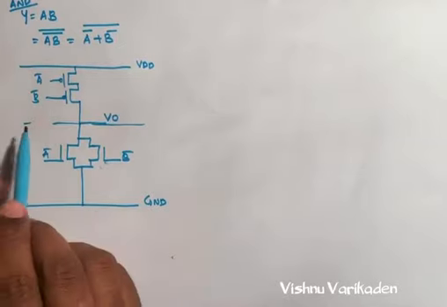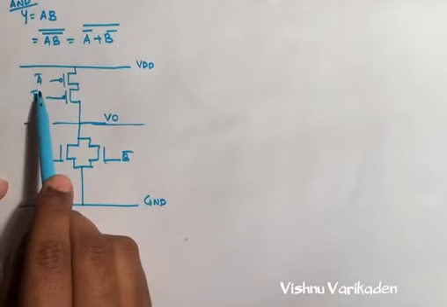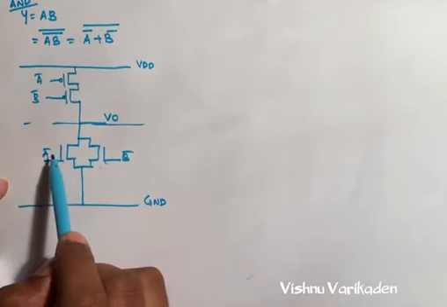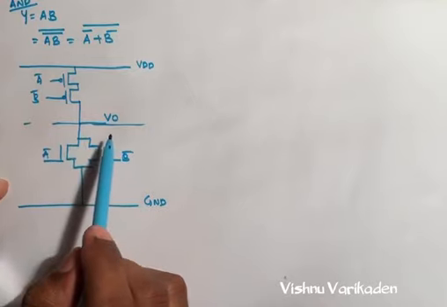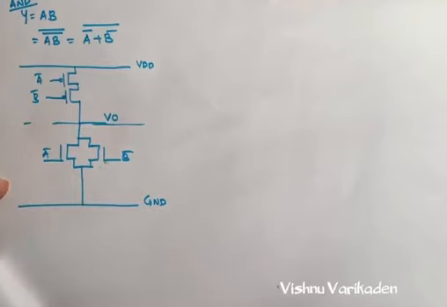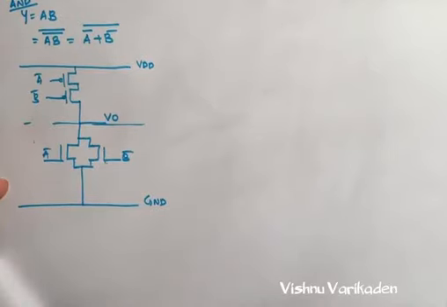When we need to make this circuit into another one, what happens? We need to make this AB here. So what happens? The output is going to be the opposite one. Like a NAND gate: if we apply a NAND gate, we will get the AND gate only. But in this case we are applying NOT inputs, so we will get the output like A bar plus B bar, whole bar.